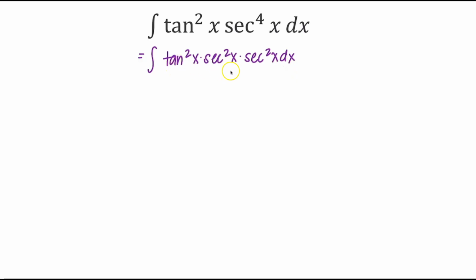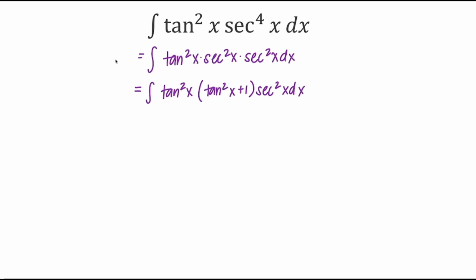We want all of the rest of the integrand written in terms of tangent, so we rewrite the secant squared x in the middle. We have the integral of tangent squared x, and secant squared x we rewrite as tangent squared x plus 1, and then times secant squared x dx.